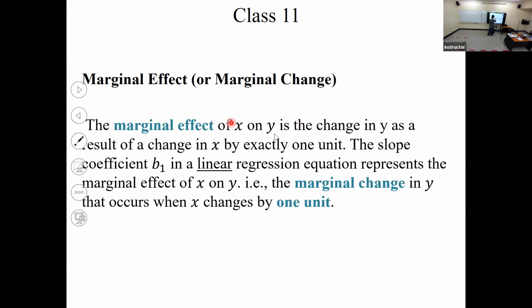You increase x by 1 unit, then see what happens to y. The change in y could be positive, it could be negative, or it could be insignificant, 0. But the point is, when you consider marginal effect, you are increasing the independent variable x by 1 unit. That is the definition.